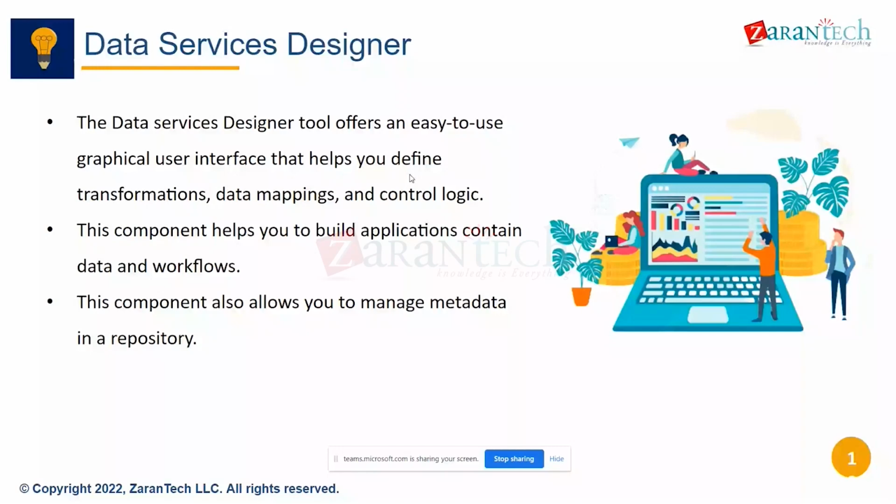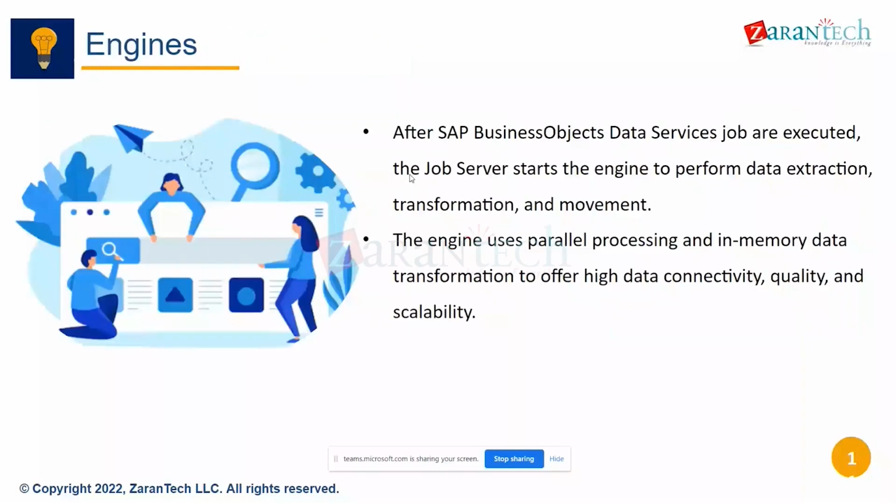Engine. As I mentioned, whenever we start to execute a job, the designer itself will send the information, or if you want to execute a job from the console, that console will send a signal to the repository, and that signal goes through the job server to the engine.